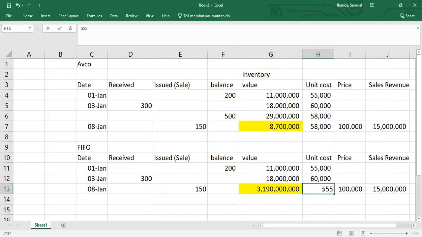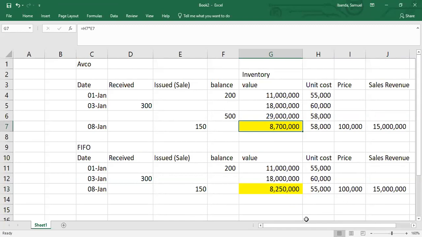And even here, the unit cost will be 55. Sorry, I did something, so let me just correct this. This unit cost will be 55 times 150 to give me 8,250. Okay, so that is what will happen, and that's how you distinguish the two.